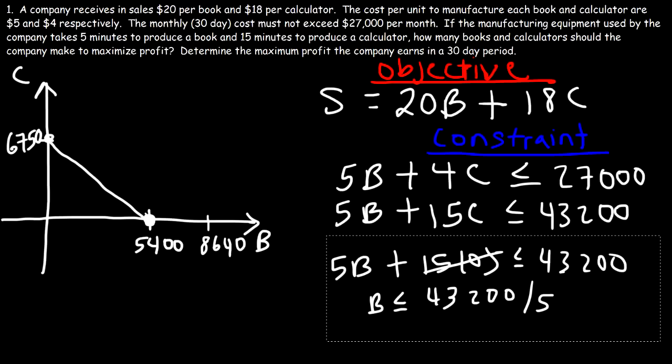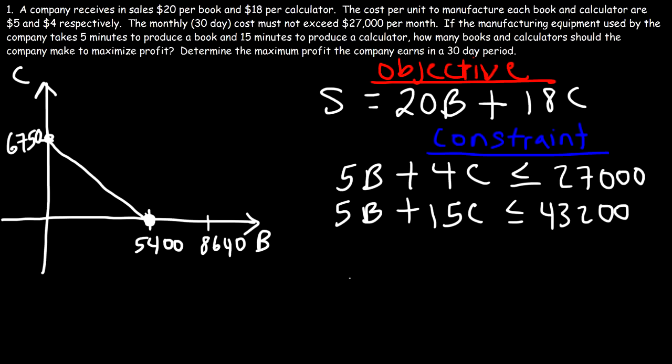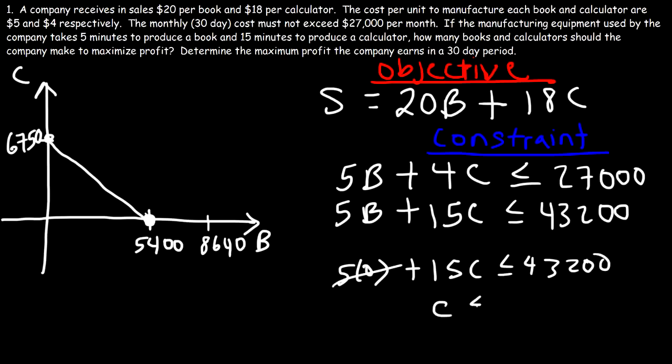And then now let's replace B with 0. Now let's calculate C. So C is going to be 43,200 divided by 15. And so that's 2,880.